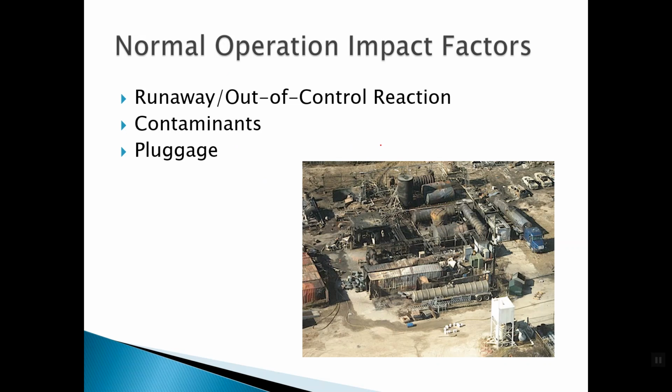Okay. Problems with reactors. Well, the main one that we have is a runaway or an out of control reaction. And if we remember back to the beginning, one of the first slides, if we increase the heat, we increase the reaction rate. So it's going to happen quicker the hotter it gets. Also remember that one of the types of reactions that we have is exothermic. Exothermic means it gives off heat.